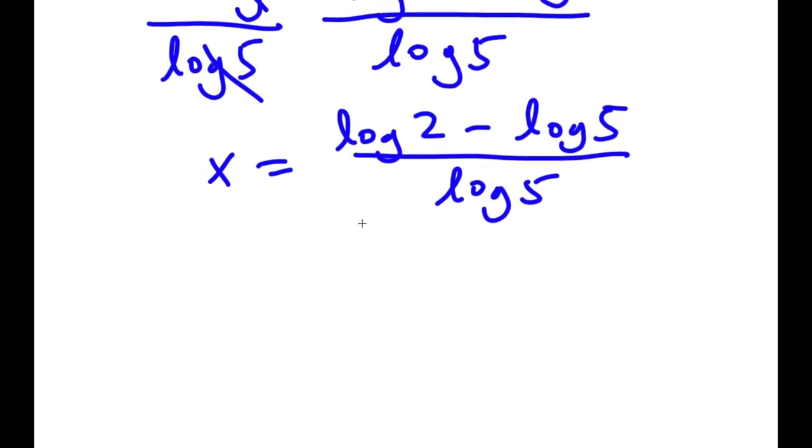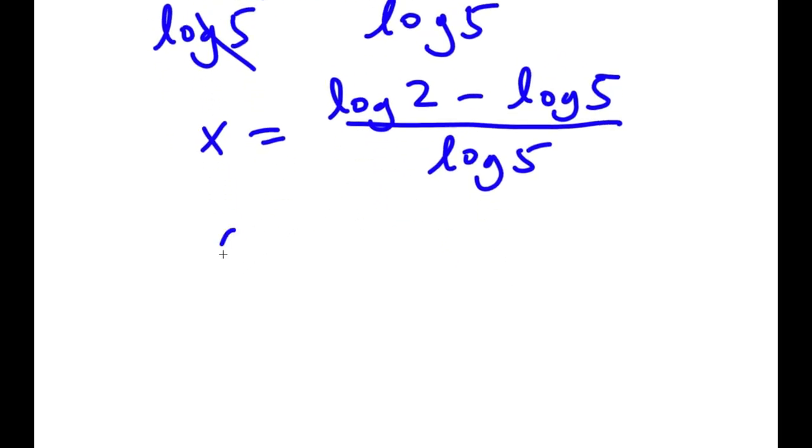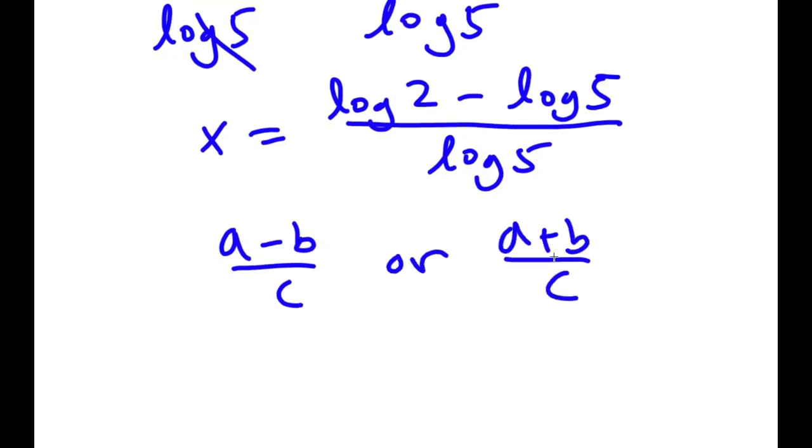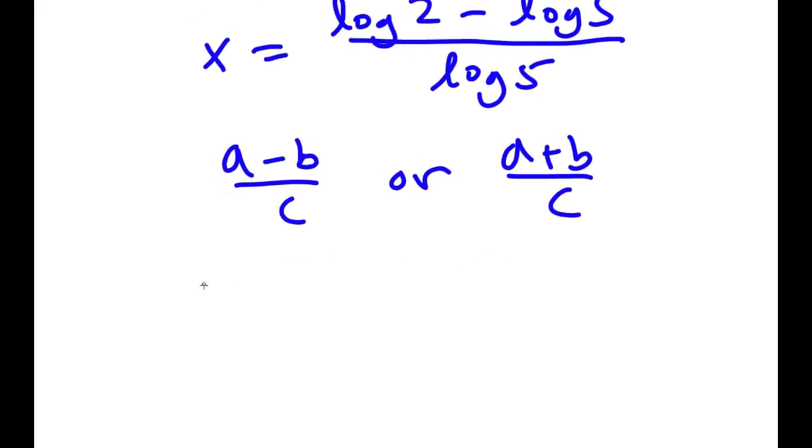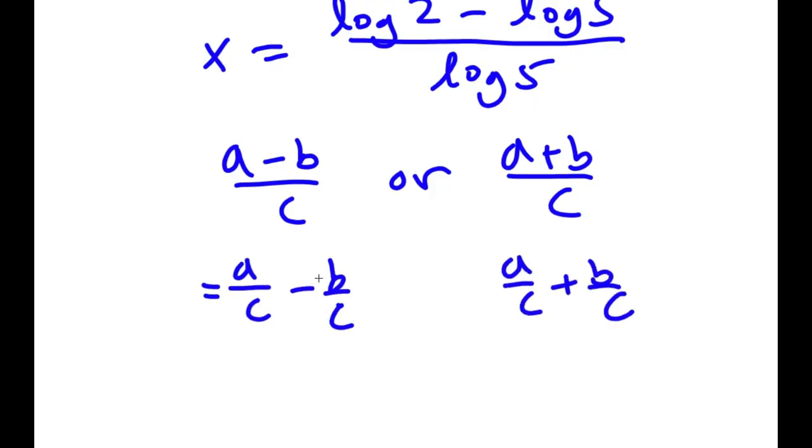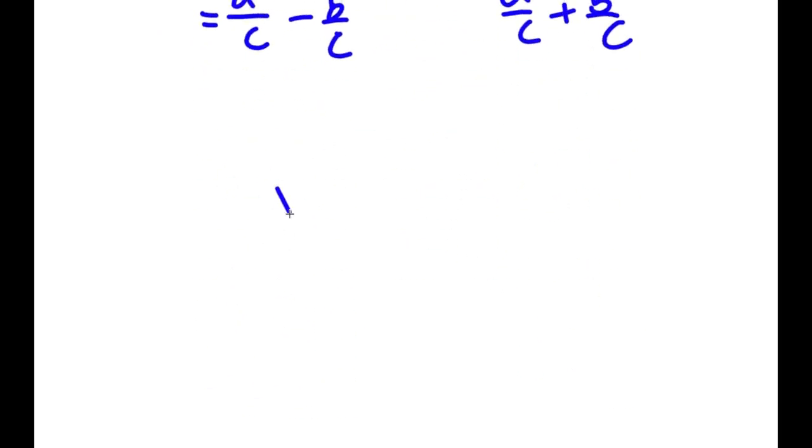Now, if I have, let's say, a fraction in the form a minus b over c, or a plus b over c, this is the same thing as a over c minus b over c and a over c plus b over c. These two are the same because, remember, if I end up subtracting these, this would be a minus b over c, and this would be a plus b over c.